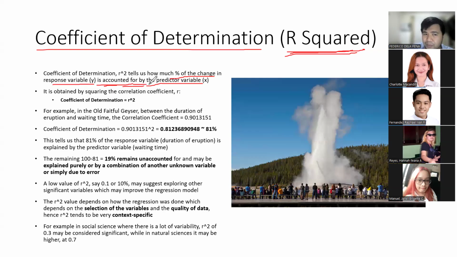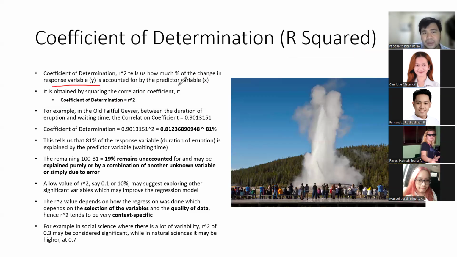You might have dropped your change, or someone stole your money. And that's the idea behind the coefficient of determination. You're seeing how much is actually being explained by the predictor variable.